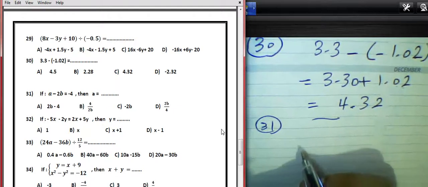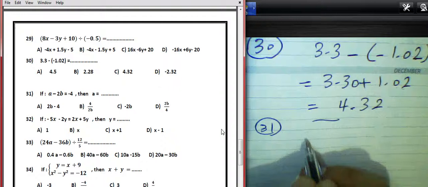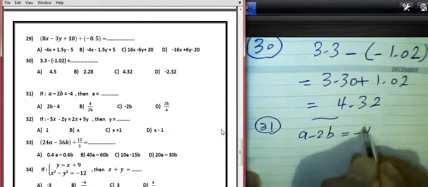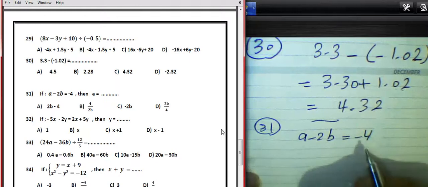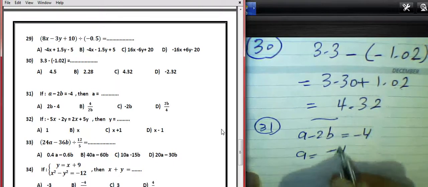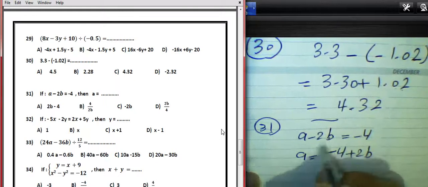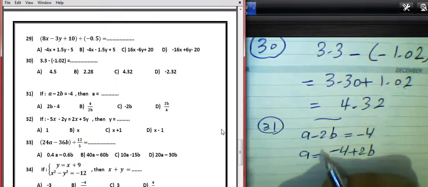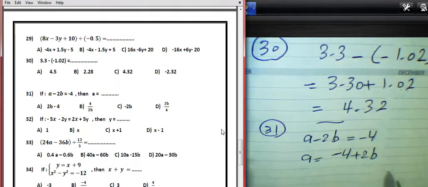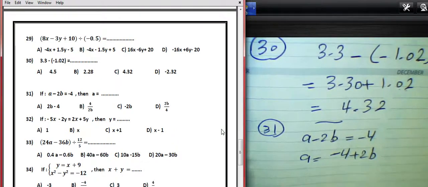Question 31, he told us if a minus 2b equals negative 4, then a equals, he wants us to find the value of a. Okay, a equals negative 4 plus 2b, by moving negative 2b from the left hand side to the right hand side, so a will be negative 4 plus 2b. The result will be what?